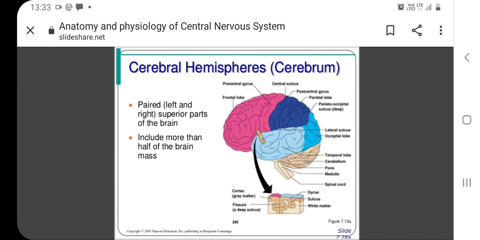Like the temporal lobe is said to be involved in the auditory function. The occipital lobe is involved in the function of seeing or vision. The frontal lobe is responsible for the motor activity, coordination of various functions.